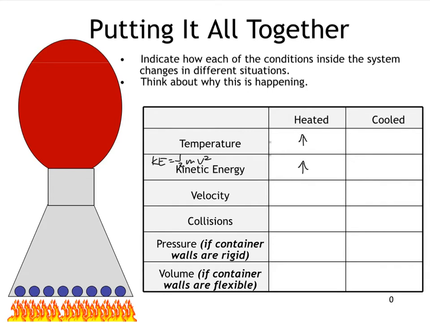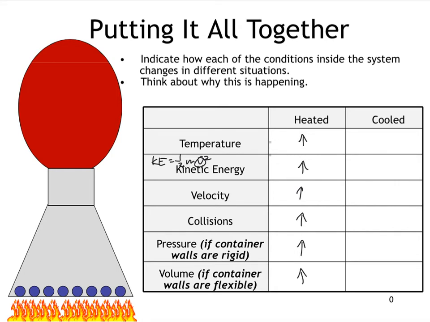So if you're increasing kinetic energy, you're also increasing the velocity. And increasing the velocity will increase the frequency of collisions. If the walls of the container are rigid, meaning they cannot flex, then increasing collisions is going to increase pressure. But if the walls of the container are flexible, then increasing collisions will increase volume.